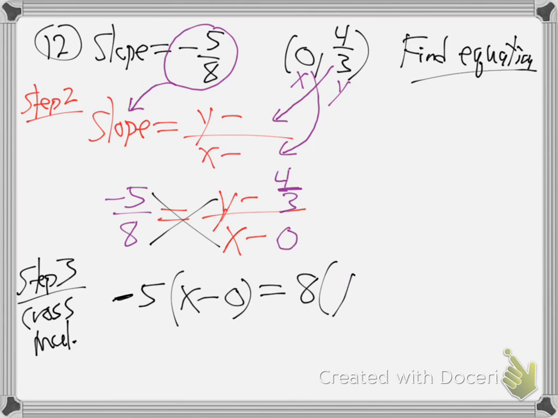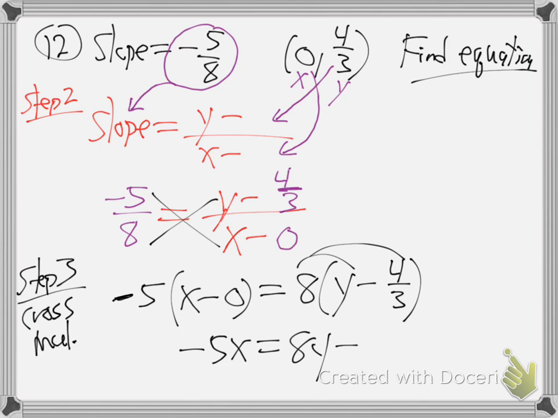And then 8 times y minus 4/3. And then, what do we get here? Minus 5x. Distribute.